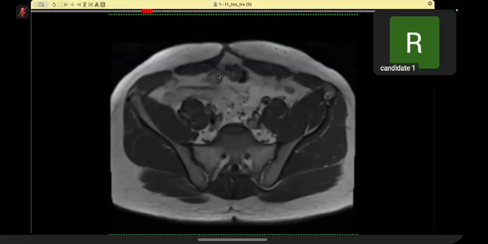The management would be conservative, most likely, in this case. However, I would like to see the previous records and also check for multifocality, whether this is associated with lesions in other bones.